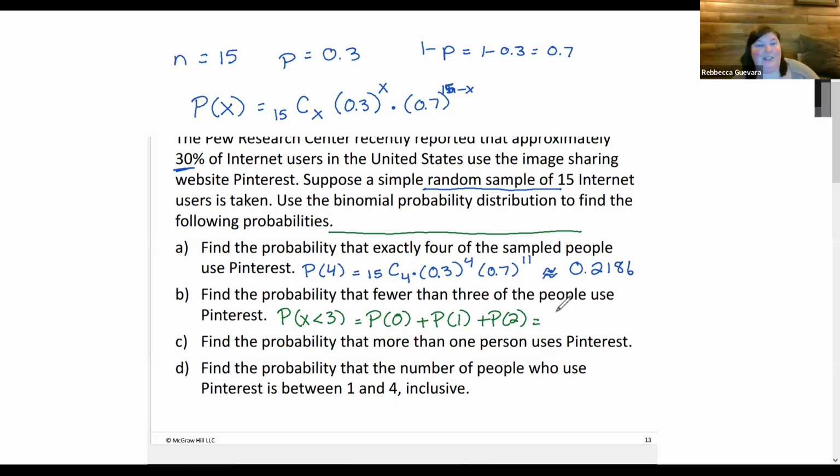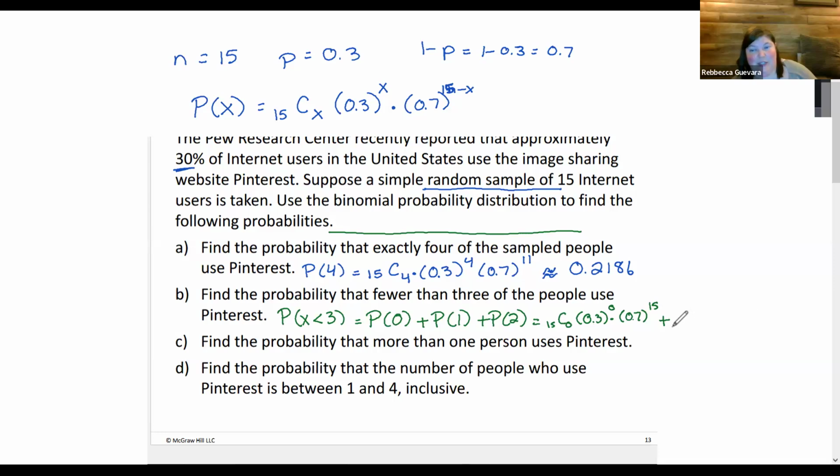This is going to be a bit of a mess because what I need here is 15 choose 0 times 0.3 to the power of 0 times 0.7 to the power of 15, because we're going to have 0 people successful, 15 were fails. Once I figure that out, we add that to, like I said, we figure out each of these events separately.